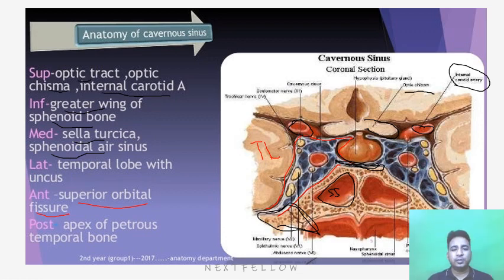Laterally there lies the temporal lobe, superiorly there is the carotid artery plus optic chiasma and optic tract, and posteriorly there is the petrous temporal bone. The apex of the petrous temporal bone forms the posterior boundary. So I hope you got a little bit of imagination of how this cavernous sinus is located and what forms its boundary.